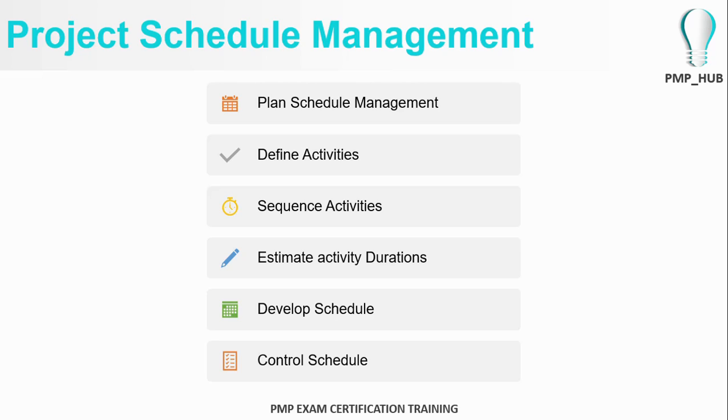Under this module, project schedule management, we'll be discussing step by step the plan schedule management, which is the governing part of the project schedule, defining your activities from your WBS work packages, sequencing your activities, estimating your durations, and then considering all this, developing a project schedule and how to control your schedule so that you will be achieving the results of your project.